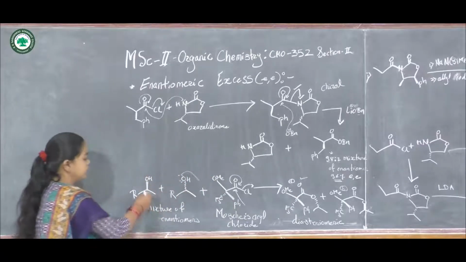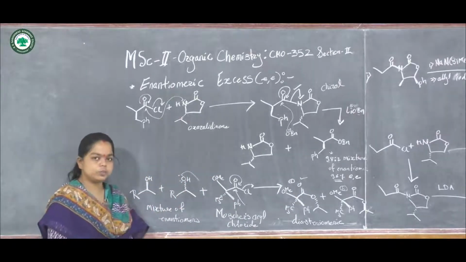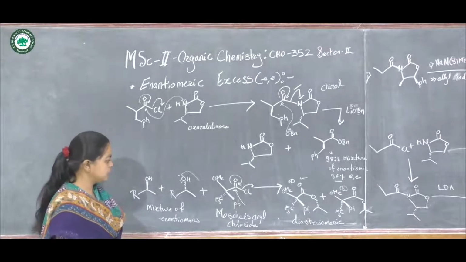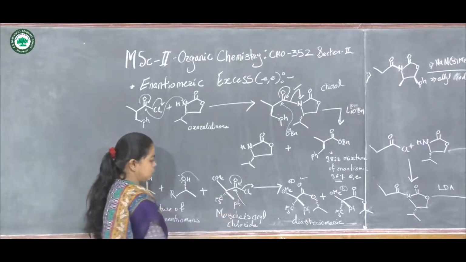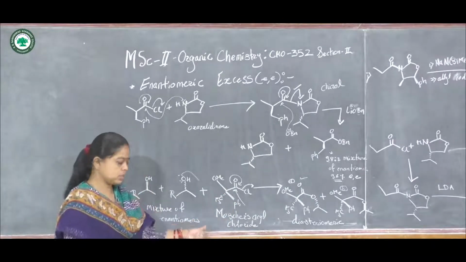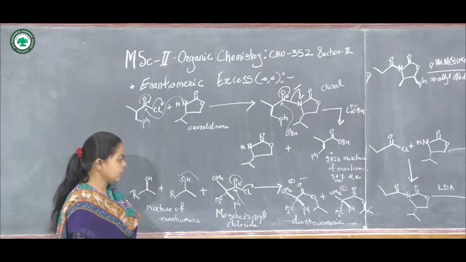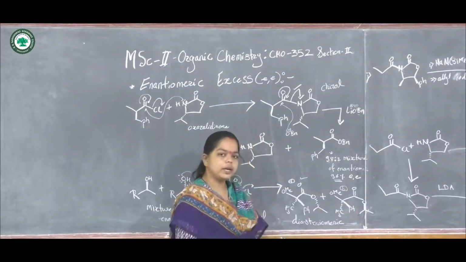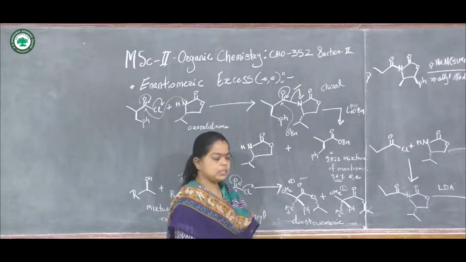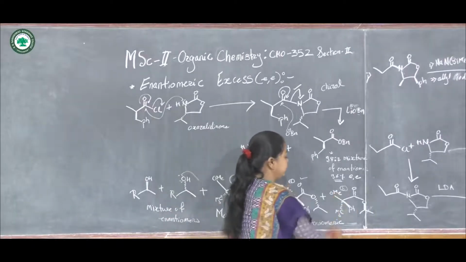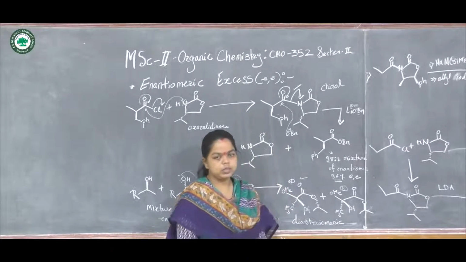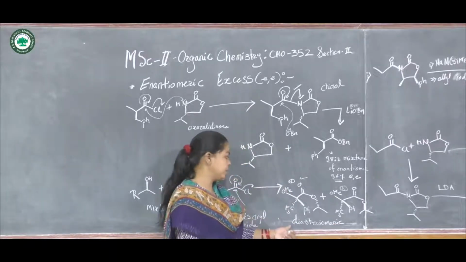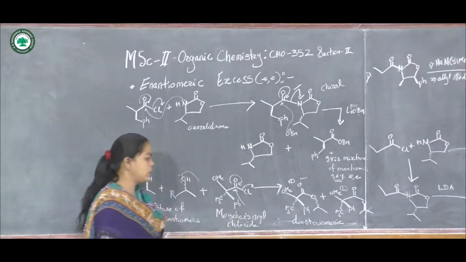Now the alcohol in which the beta-oriented OH group is present reacts with the same acid chloride, Mosher's acyl salt, so that we get the ester compound containing the beta-oriented OR group. So this will be the B diastereomer. So we get a diastereomeric mixture of the salt.